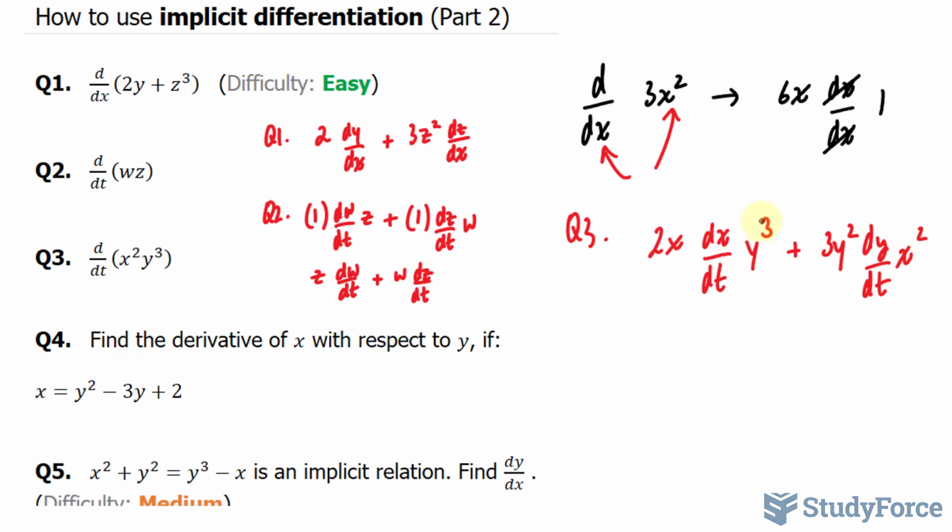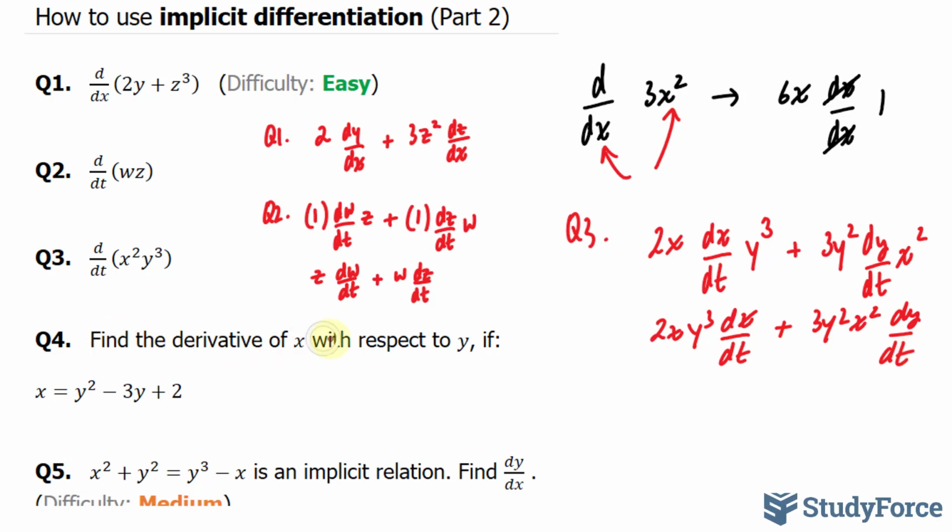And of course you can combine these terms together, where you end up with 2x y to the power of 3. By convention it looks nicer this way, plus 3y to the power of 2 x to the power of 2 dy over dt. Let's move on to question 4.